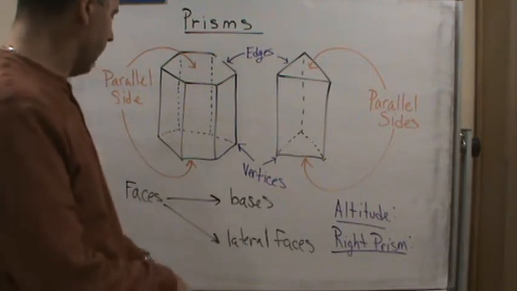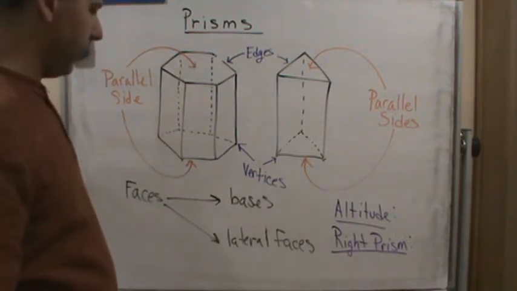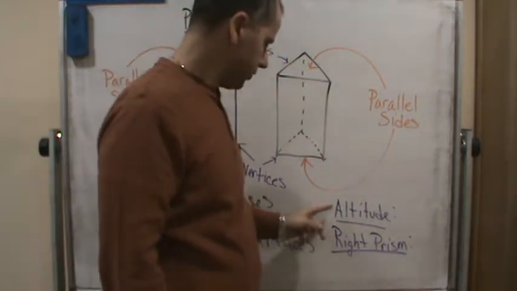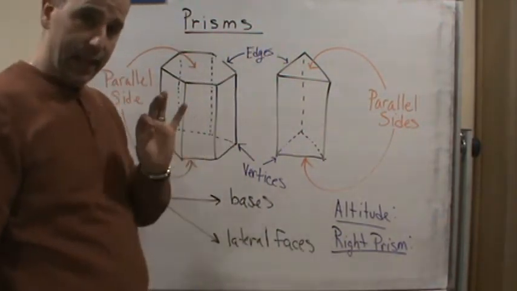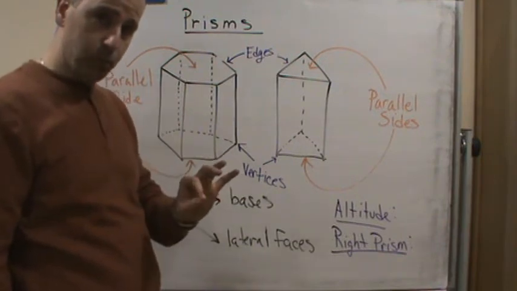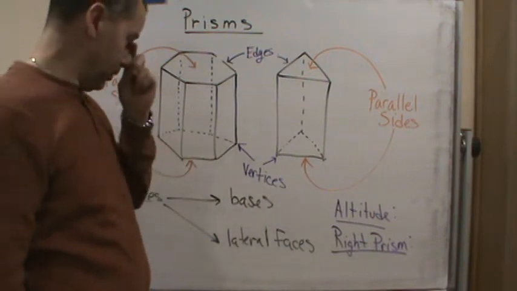Okay, now we've got a bunch of vocabulary out of the way. Let's add 2 more definitions here. An altitude is the perpendicular line that connects the bases together.